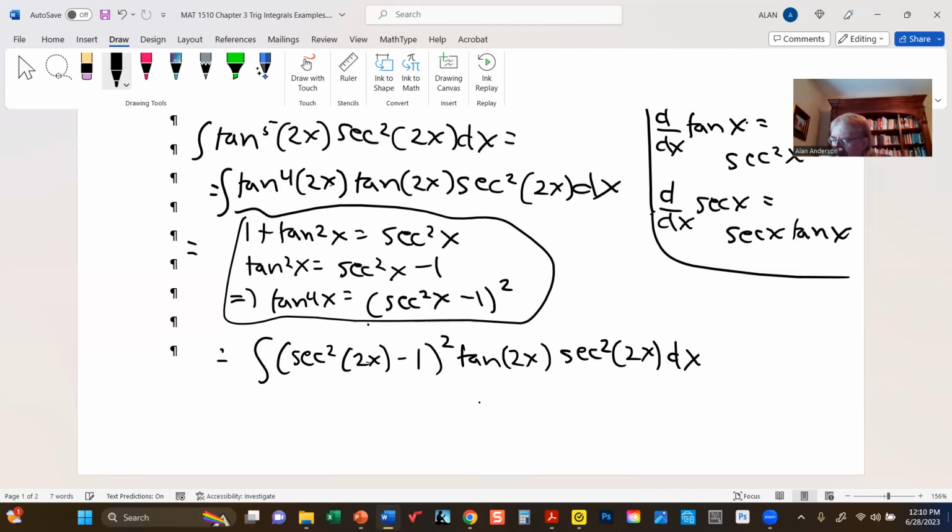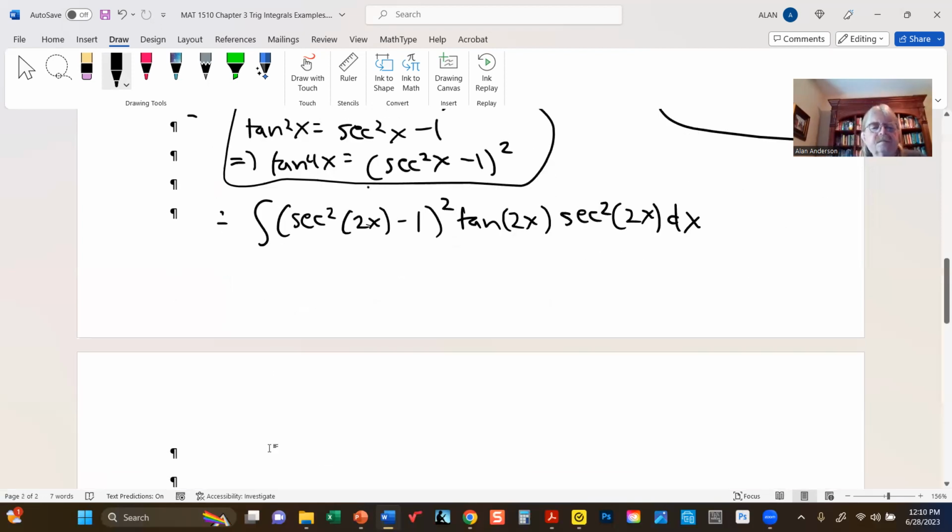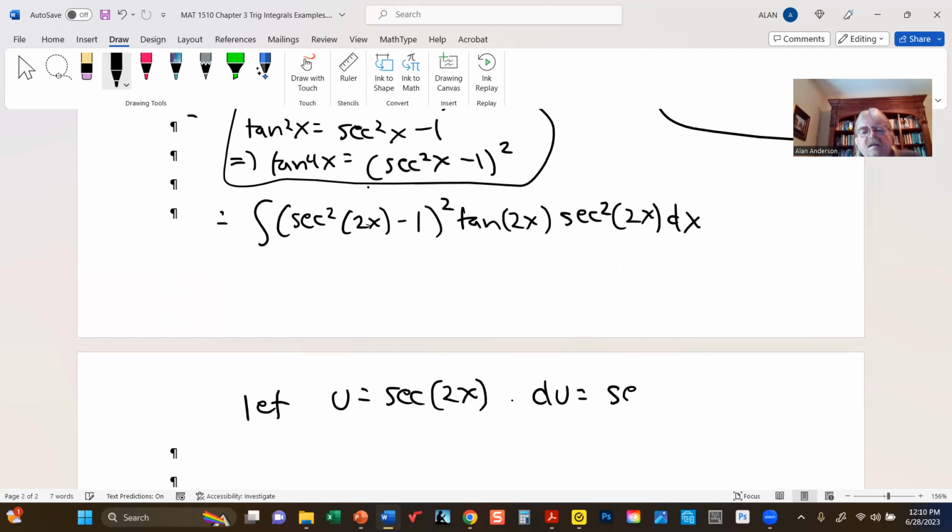All right, so let's see what we can do with this. And as we just saw a few minutes ago, we need that too because of the chain rule.